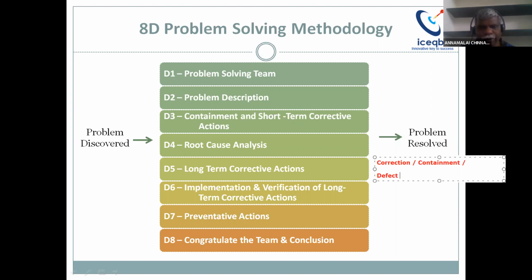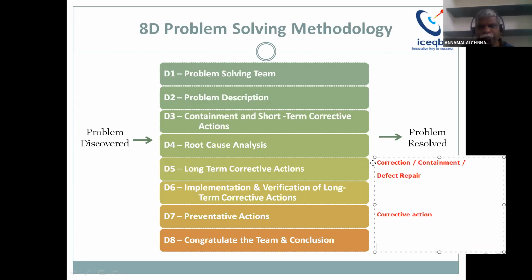All these have the same meaning. The second one is the corrective action, because you are seeing all three terms in this slide. Before we move on, we need to understand the difference between these two. The third one is the preventive action.